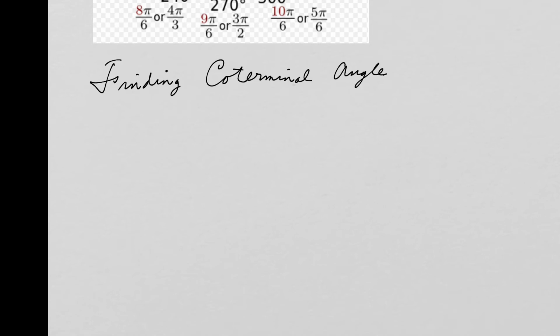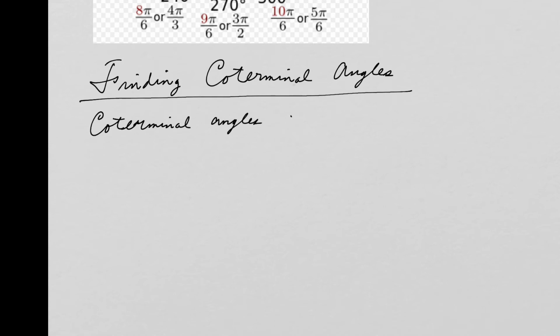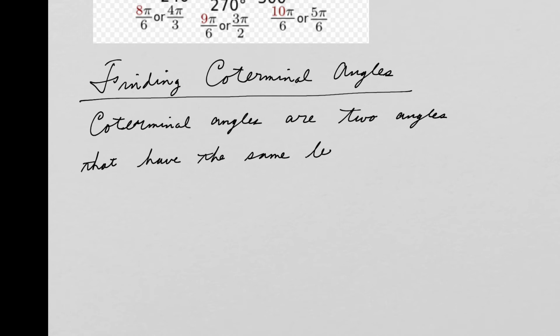So finding coterminal angles: coterminal angles are 2 angles that have the same terminal side.